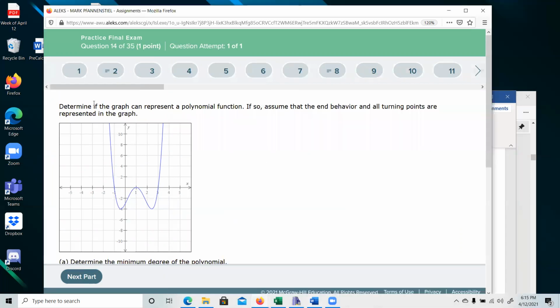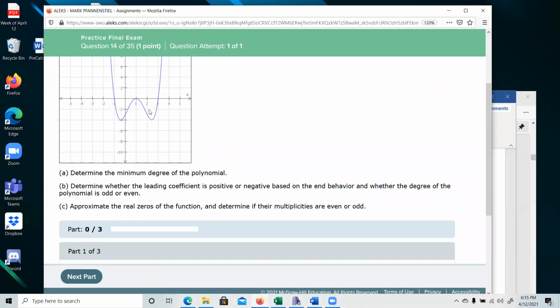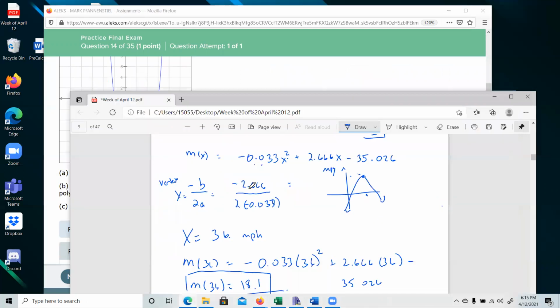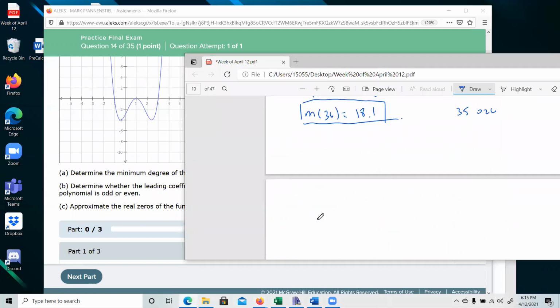Okay. So let's see here. Assume everything is represented in the graph. So what do we have here? We have 1, 2, 3 turning points, which means we have a degree for a polynomial. Think about this. If you have 1 turning point, what kind of a graph is that? It's quadratic, right? You have 1 turning point, you end up with second degree.